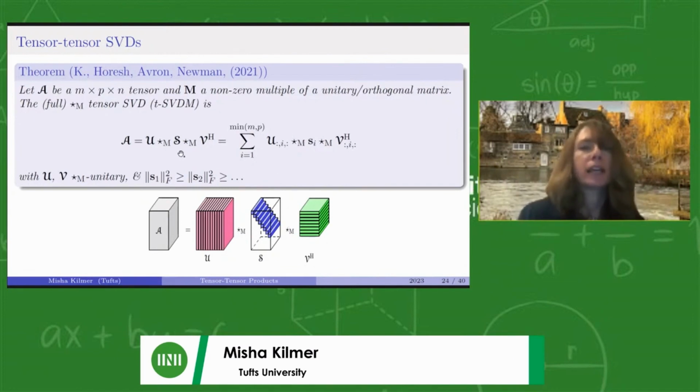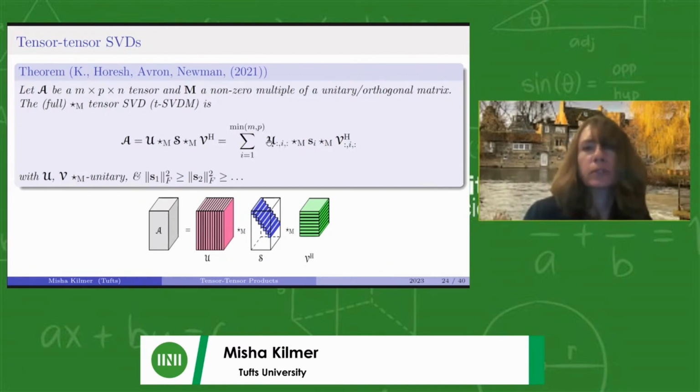Moreover, I can imagine the U tensor carved up as lateral slices. I can take the V^H tensor and carve it up as horizontal slices. And I can take this factorization and write it out in summation form so that it literally looks like an outer product of these tensor factors.